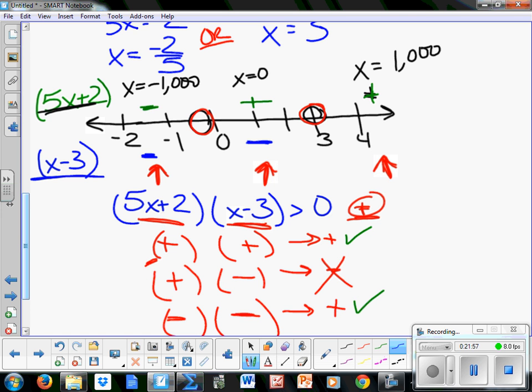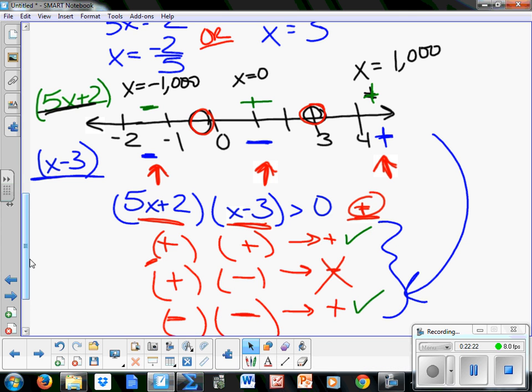Looking at really big positive numbers, anything bigger than 3, and I subtract 3, that value is also going to be positive. Okay, so let's look again down here. This is where this comes in handy.